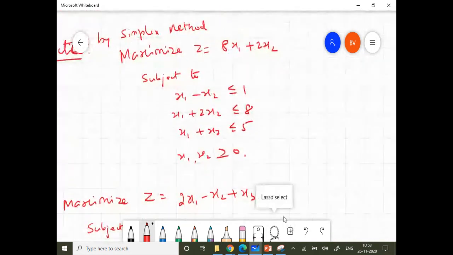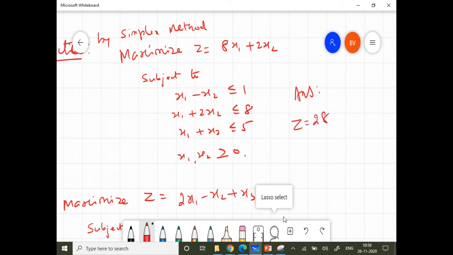For the third problem, the answer is z is equal to 28, z max, x1 is 3, x2 is 2. Check your answers, right?